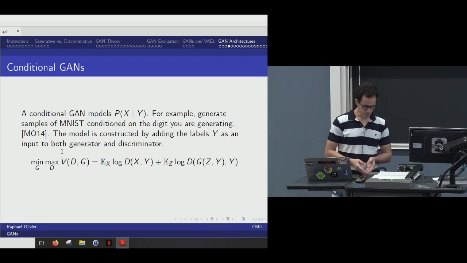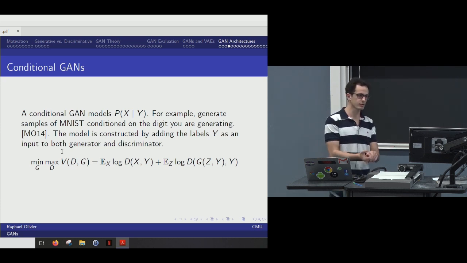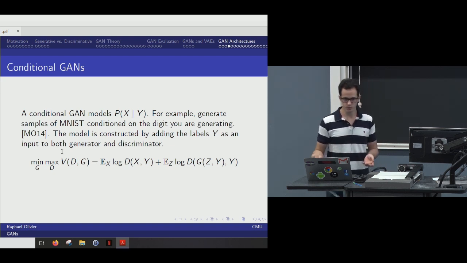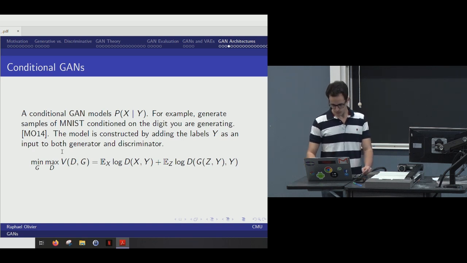That means if, say, you're drawing from MNIST and your labels are numbers from 0 to 9, in the plain GAN you're just going to draw samples that can be any of those numbers. But in the conditional GAN, you're going to say in the generation process, I want to generate a 0. And you're going to have to generate specifically zeros. Or I want to generate a 2 or 9, etc.